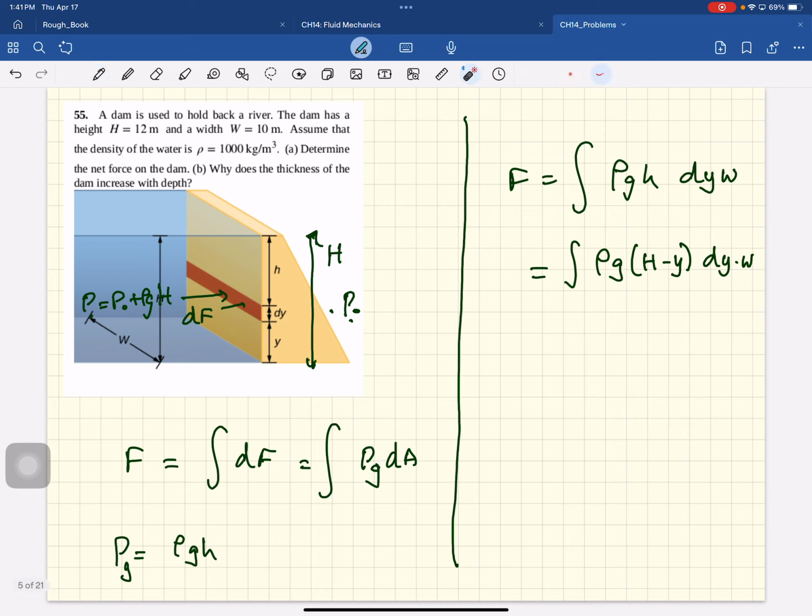We are setting it up as an integral. And what does y go from? 0 to H. All right, so rho g W.